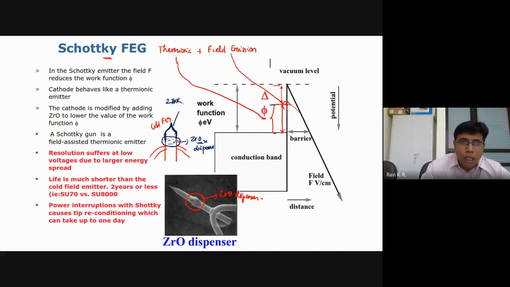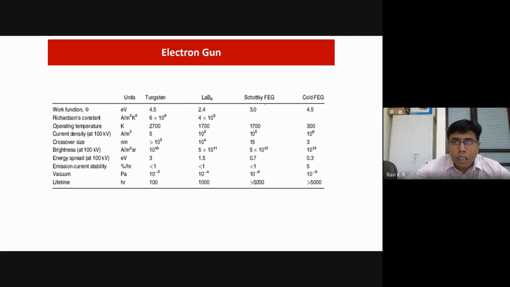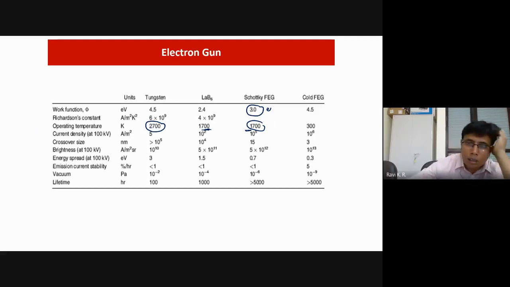If you look at the working region here, it is only about 3 electron volt, and the operating temperature is 1700. On the other hand, if you are using a tungsten filament, you have to go up to 2700. But it is almost closer to what we do in LaB6. Again, the work function here is slightly higher, so you would have to go to a slightly higher temperature, let's say 1900 or 2000.